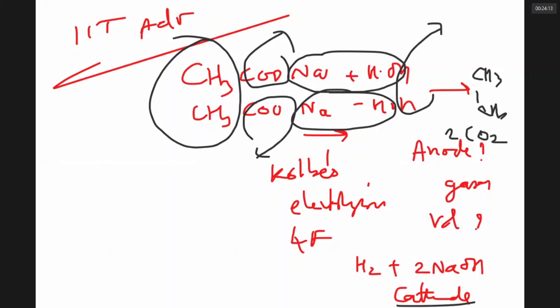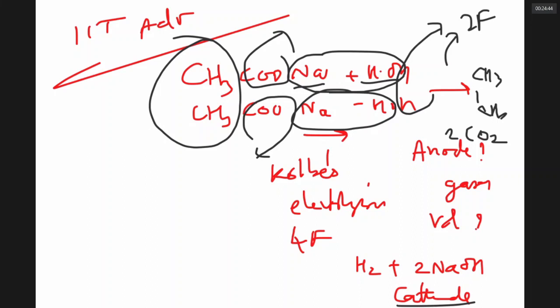Now, in order to get each NaOH, I need 1 Faraday charge. So here I am getting 2 NaOH, which means in total I need to use 2 Faraday charge. Sir, how do you know it is 2 Faraday? Notice, unipositive or uninegative ions will interact when there is 1 Faraday charge.